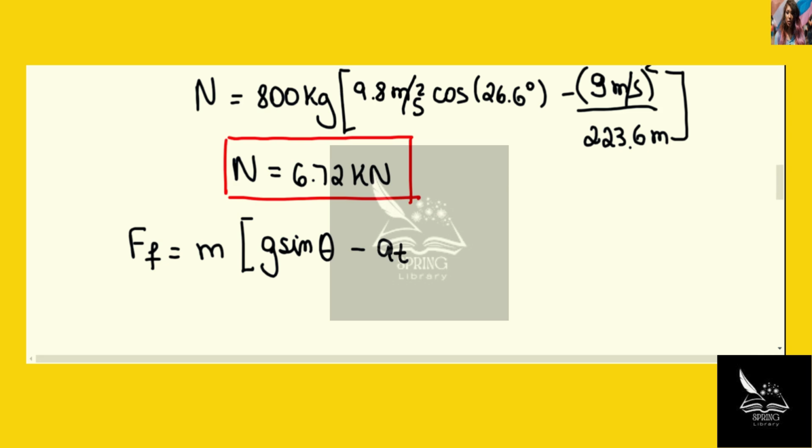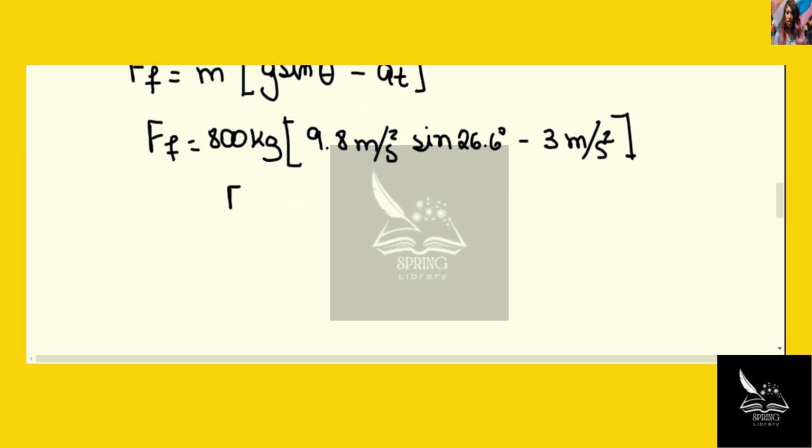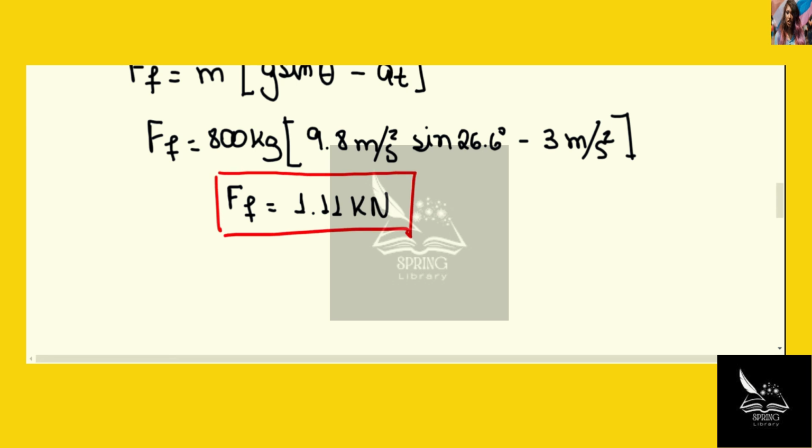So what we have is m, which is 800 kilograms, times 9.8 meters per second squared times the sine of 26.6 degrees minus 3 meters per second squared. So Ff is equal to 1.11 kilonewtons, which concludes our exercise.